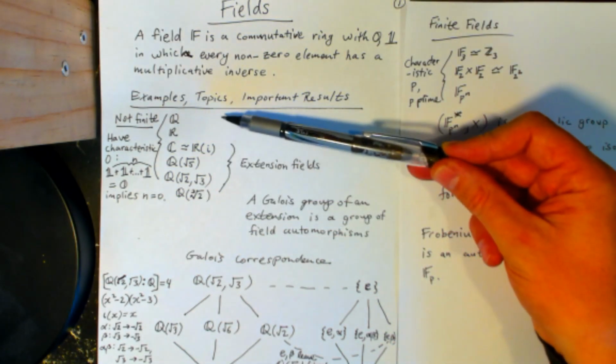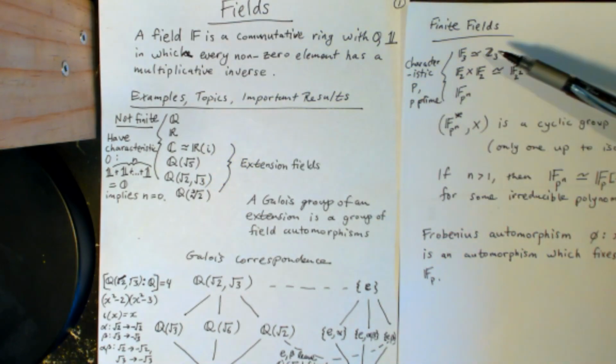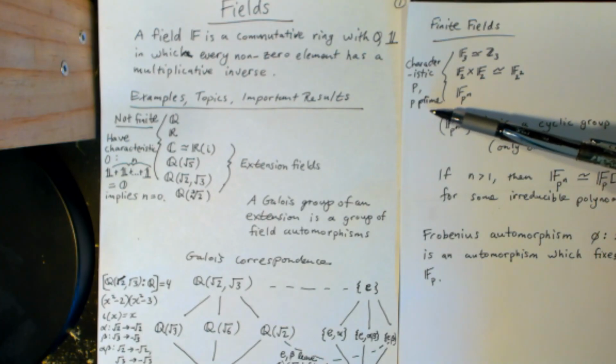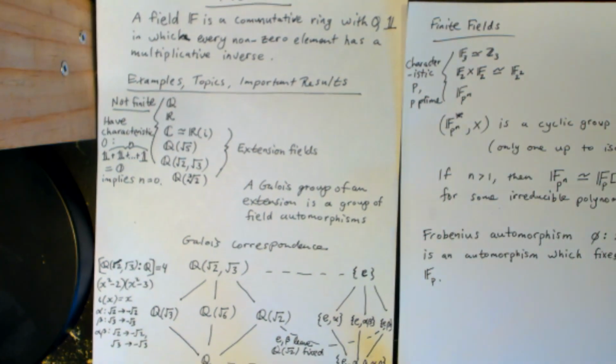Okay, so these fields have characteristic 0, but the finite fields over here have characteristic p, where p is a prime. Okay, we're not going to have a field unless our characteristic is prime in the case of a finite field there.